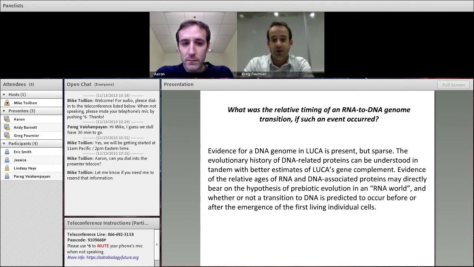So if we can develop new top-down approaches for inferring the relative ages of the proteins associated with these, maybe we can actually determine if the transition to a DNA world occurred at some point before LUCA, or maybe LUCA did have an RNA genome and there were multiple convergent events across lineages to make use of DNA, and even if that itself was facilitated by horizontal gene transfer.